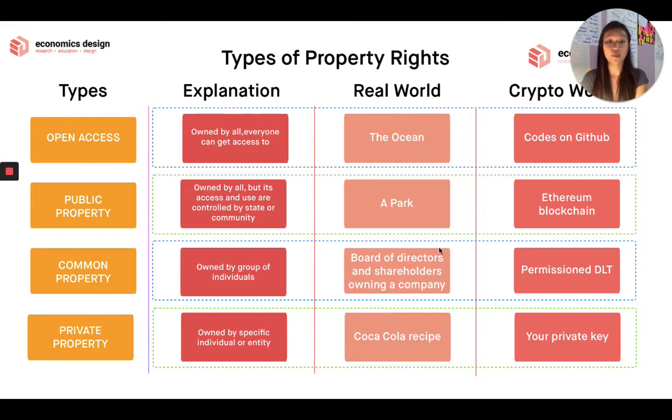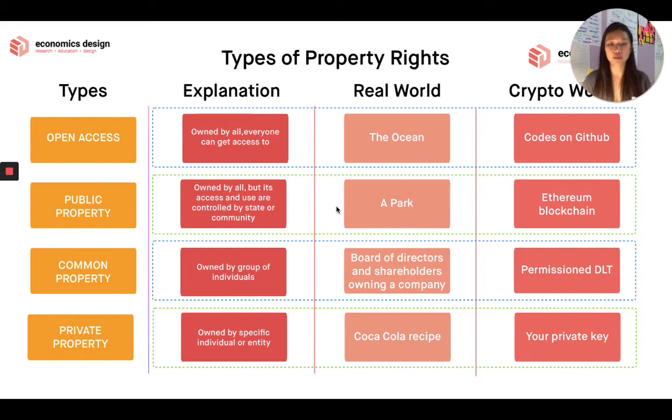So for example, a park. Everyone gets to use the park, but if the park gets dirty or has a lot of litter or a tree falls down, who takes care of it? It's quite a challenge to rely on the good heart of the community to clean that up.